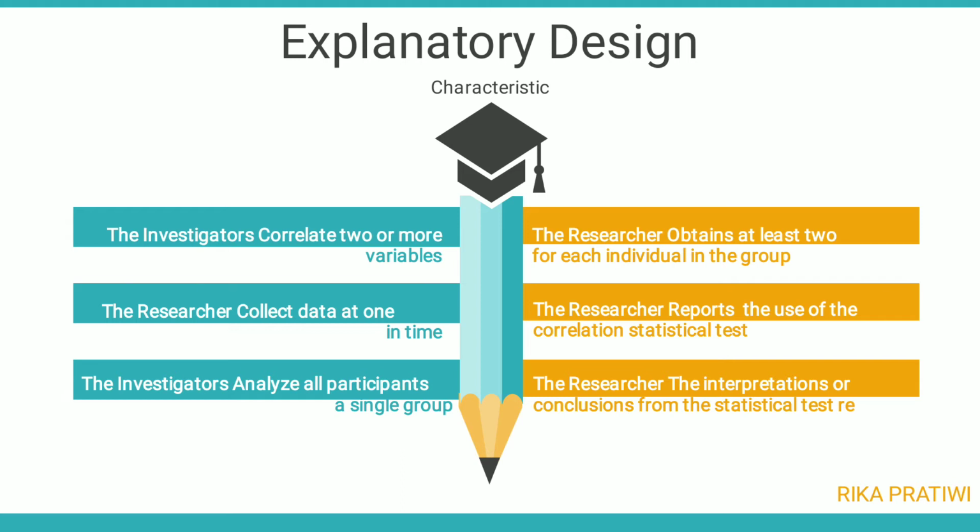The researchers obtain at least two scores for each individual in the group. The researchers report the use of the correlation statistical test, and the researchers report the interpretation or conclusions from the statistical test result.